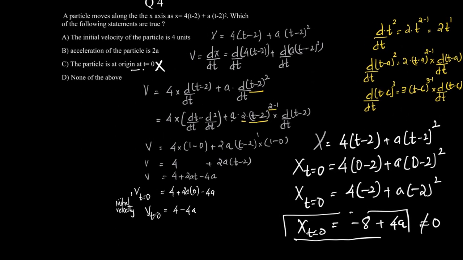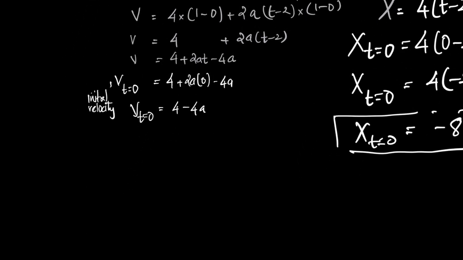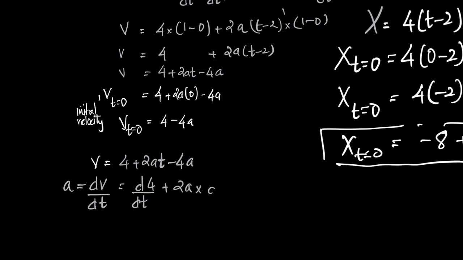So now let's see, the acceleration of the particle is 2a. Okay, so since we have v is equal to 4 plus 2at minus 4a, what is a equal to? a is dv by dt or d by dt of v, which is equal to d by dt of 4 plus 2a into d by dt of t minus d by dt of 4a.